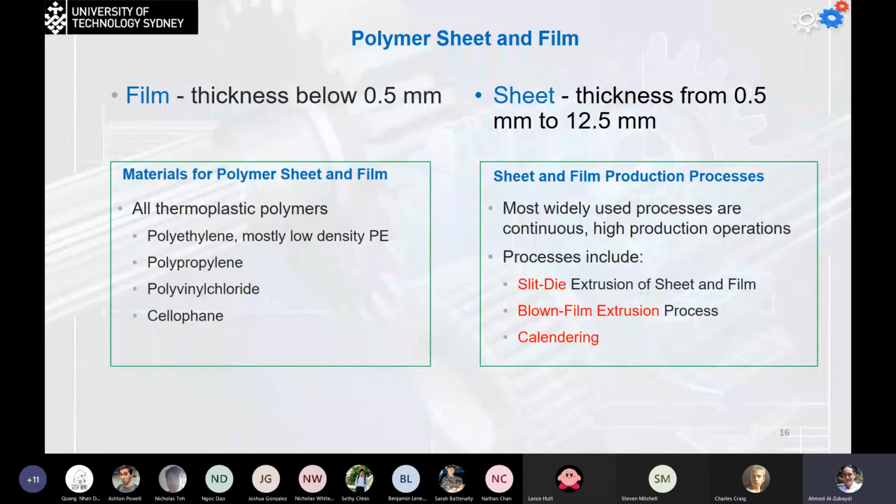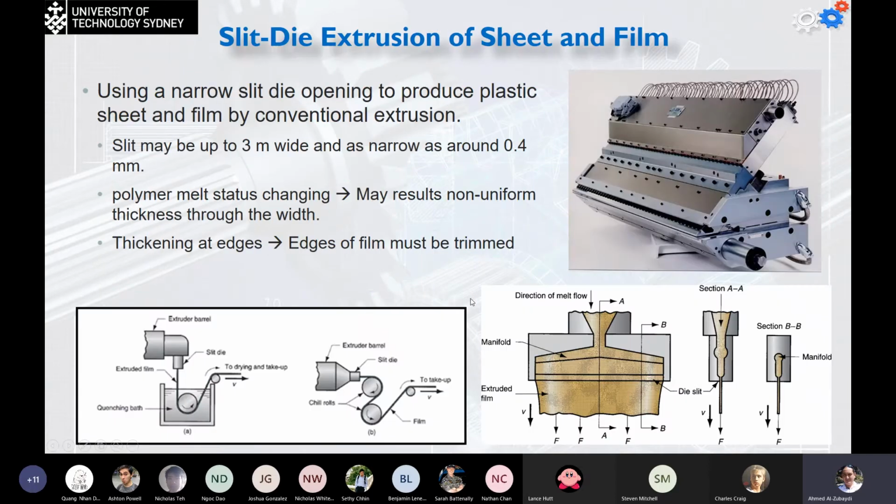So let's take a look at the different processes we can use for sheet and film production. The first operation is the slit-die. So this is a machine we have for the slit-die, which uses a narrow slit-die opening, like we can have here between these two layers, to produce plastic sheet and films by conventional extrusion.